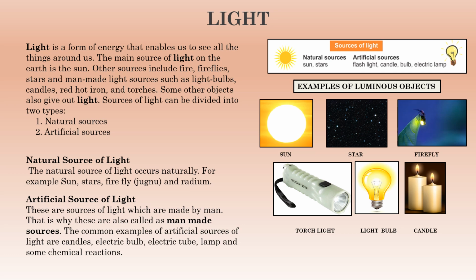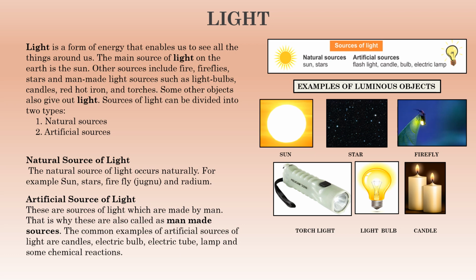The main source of light on the earth is the sun. Other sources include fire, fireflies, stars, and man-made light sources such as light bulbs, candles, red hot iron, and torches.